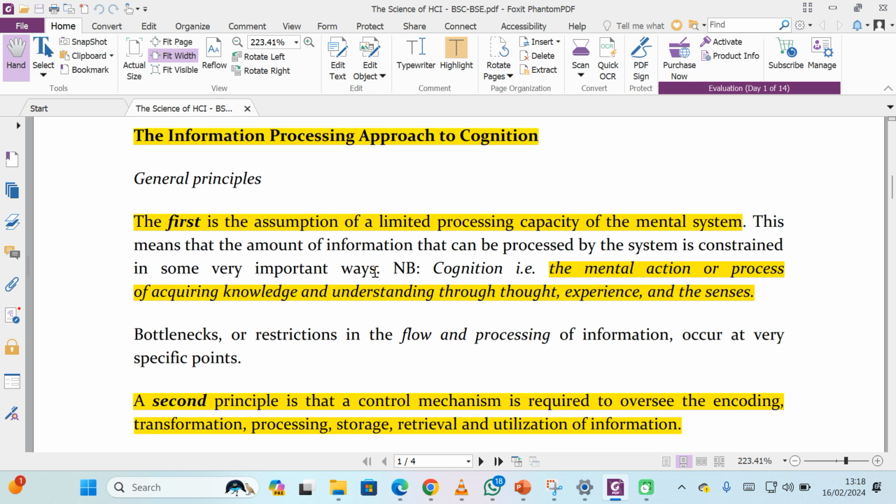Every brain has a limit to how much information it can consume. That is why when you are in nursery, the things you are supposed to learn are different from the things you are supposed to study in JHS, SHS, and university. So there is a limitation to our processing capacity as human beings.